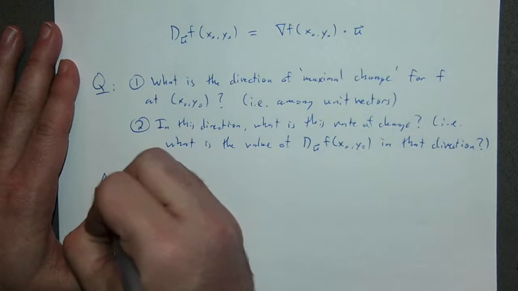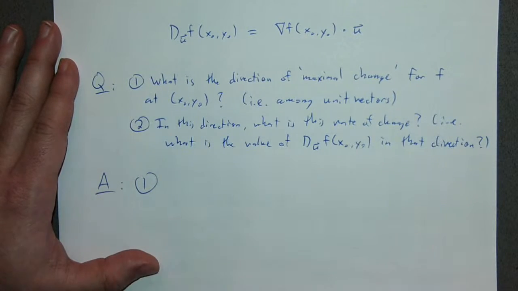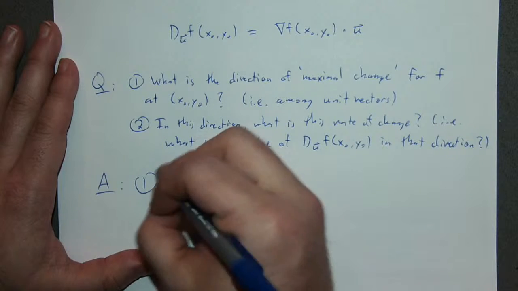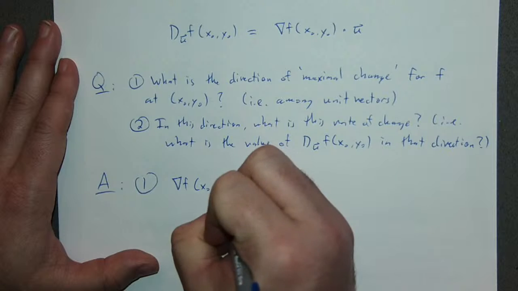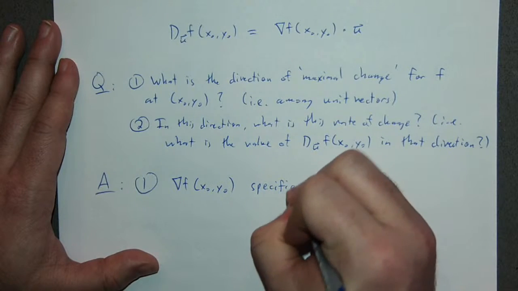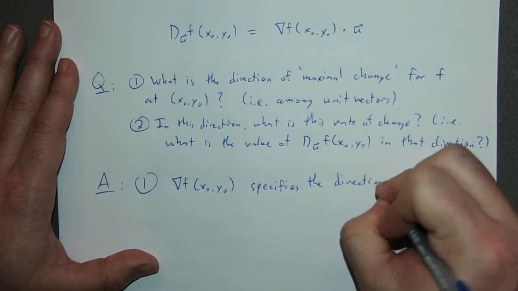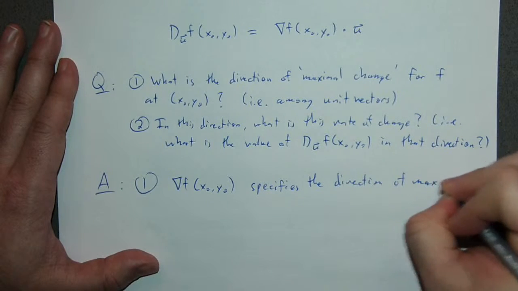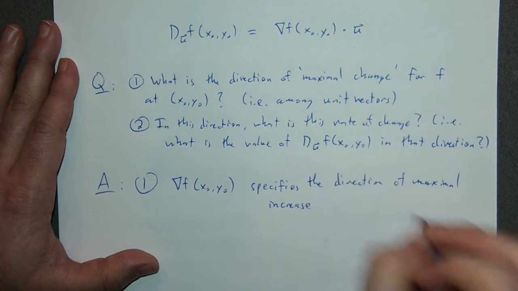So the answer. For one, what is the direction of maximal change for f at x naught y naught? The gradient of f at x naught y naught specifies the direction of maximal increase or maximal change.